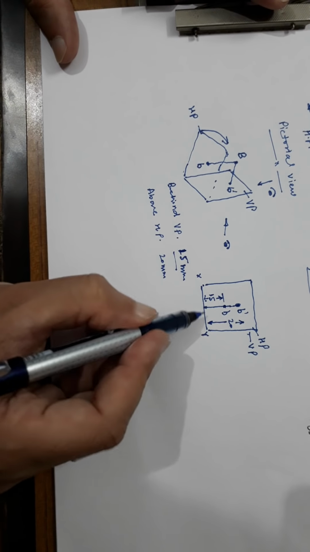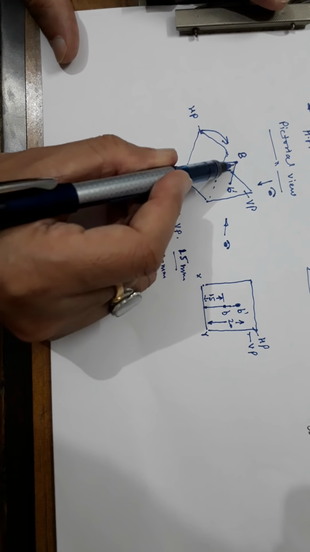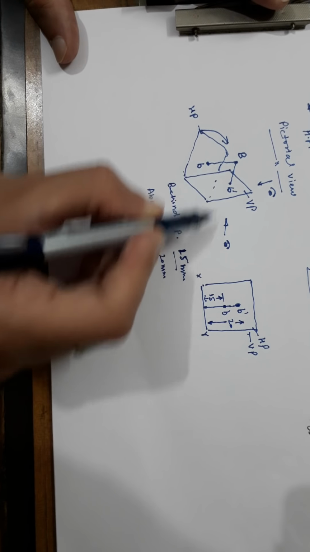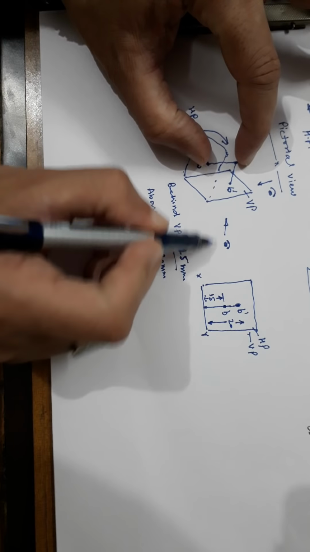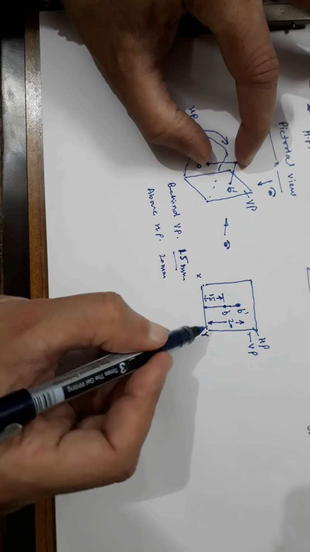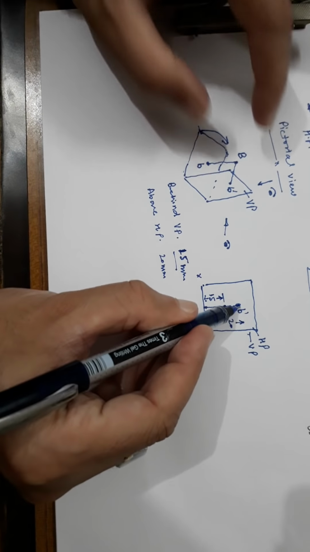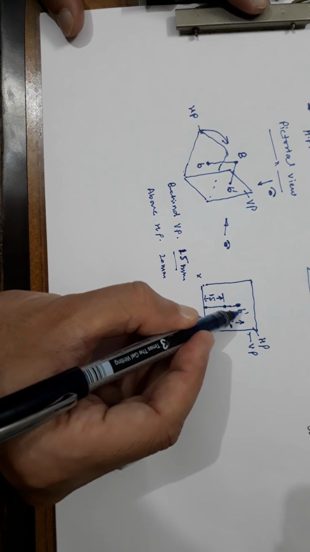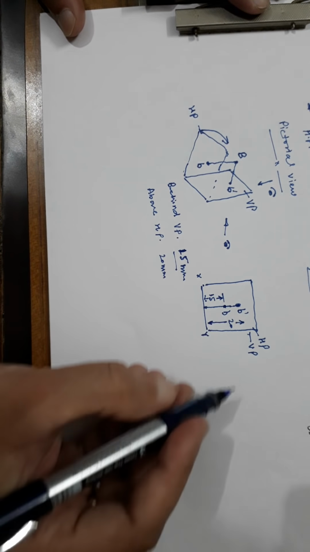It can be viewed only from this side, in the front view. So 20 mm will be shown with B dash. B dash is the front view, B is the top view as per the convention.